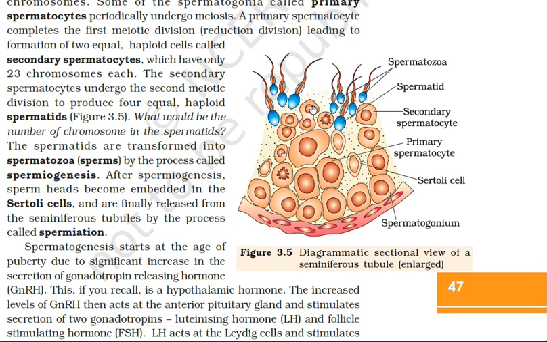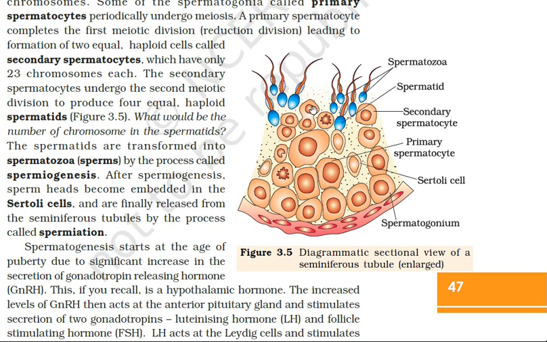Now, we can say that the rising level of testosterone suppresses the release of GnRH from the hypothalamus.